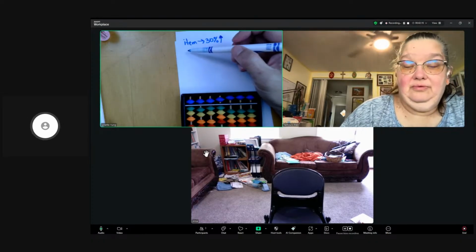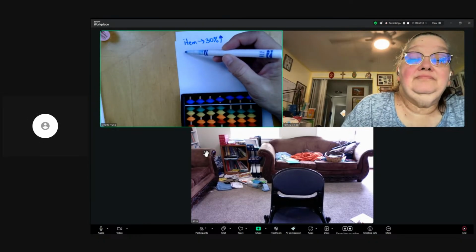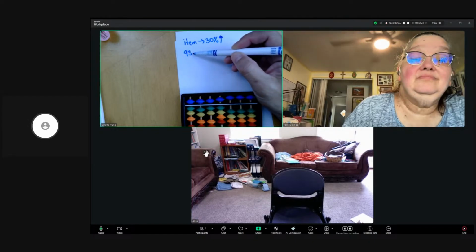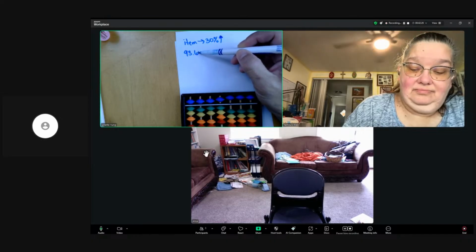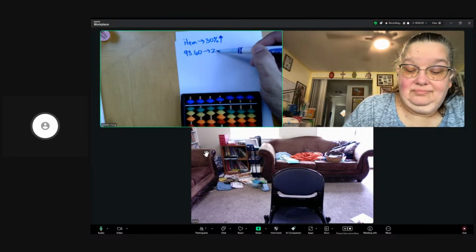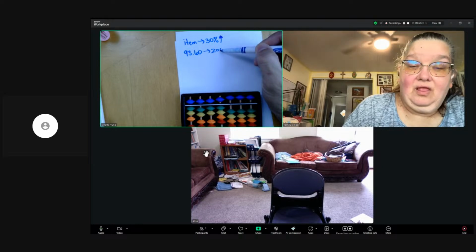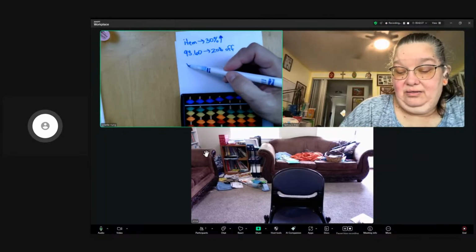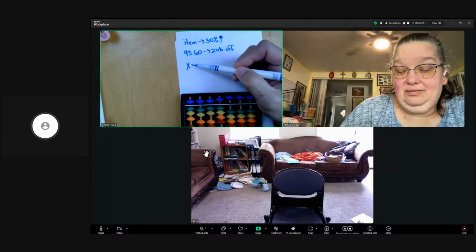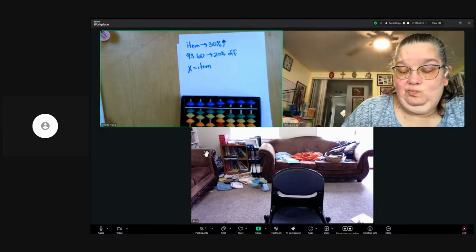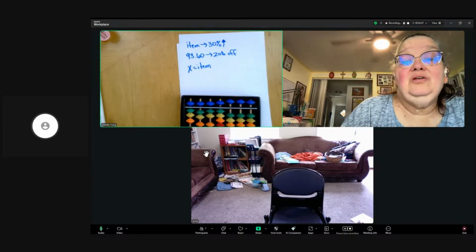A person buys the item, it is $93.60. But they got a 20% discount, right? What is the original price of the item? This is a multi-step.